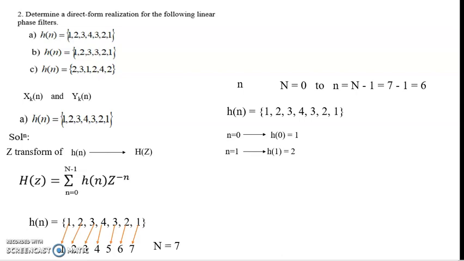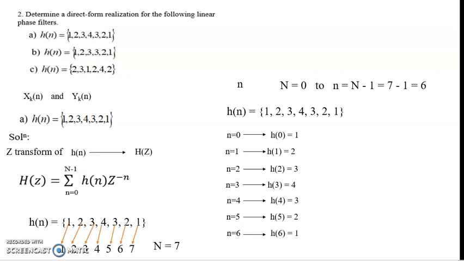When n equal to 1, then h of 1 equal to 2. When n equal to 2, h of 2 equal to 3. When n equal to 3, h of 3 equal to 4. When n equal to 4, h of 4 equal to 3. When n equal to 5, h of 5 equal to 2. When n equal to 6, h of 6 equal to 1.